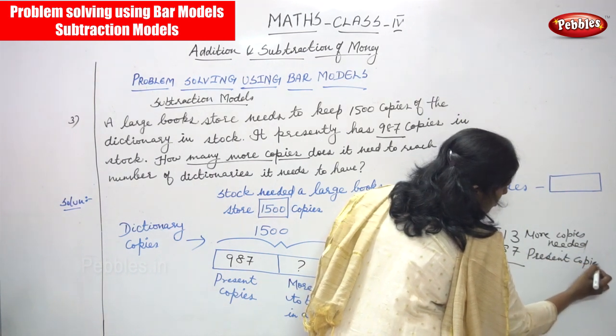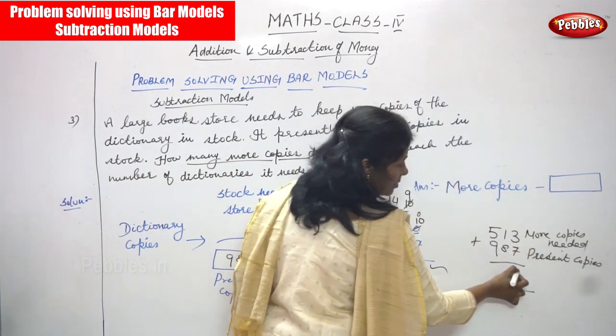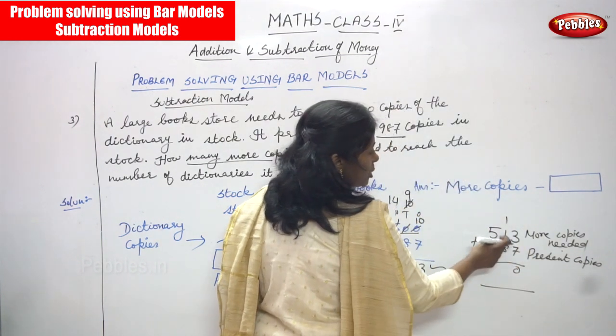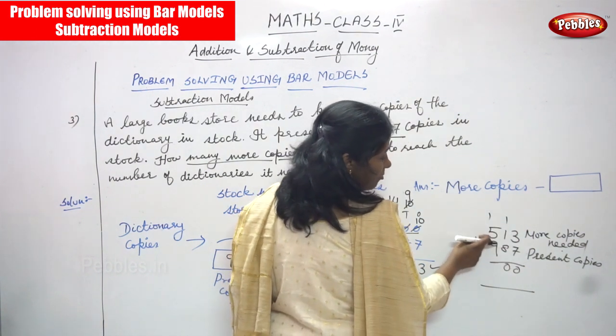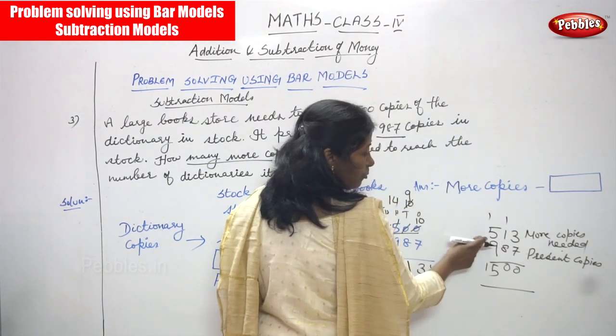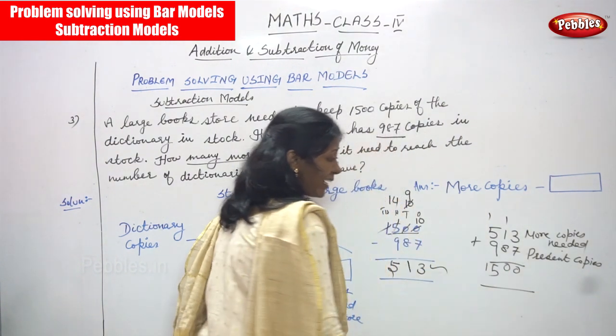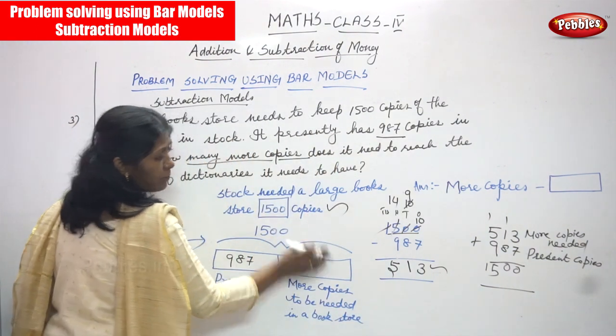So both you have to add. 3 plus 7, 10, 0, carryover goes to the top. 8 plus 1, 9, 9 plus 1, 10, 0, carryover goes to the top. 9 plus 5, 14, 14 plus 1, 15. 1500. You can get the exact total number of copies.